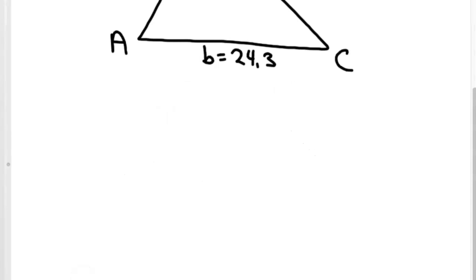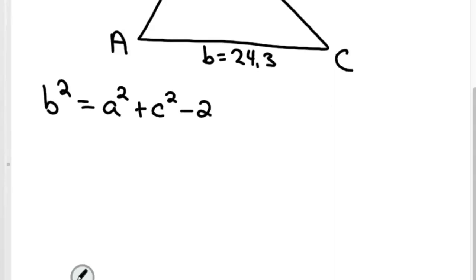Okay, so since we're finding angle B, we're going to use this form of the equation. You don't necessarily need this if you understand that it's side angle side, but here it is again. b squared equals a squared plus c squared minus 2ac cosine of B. You just fill in everything that you have.